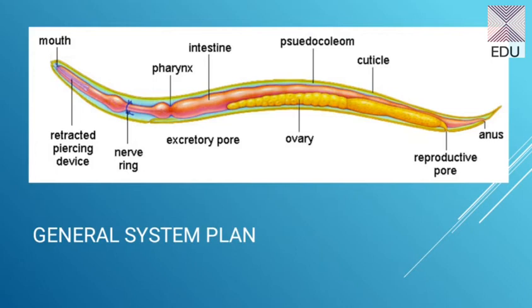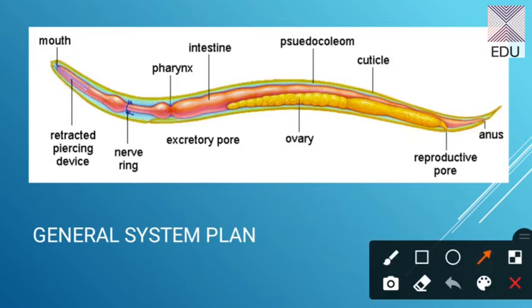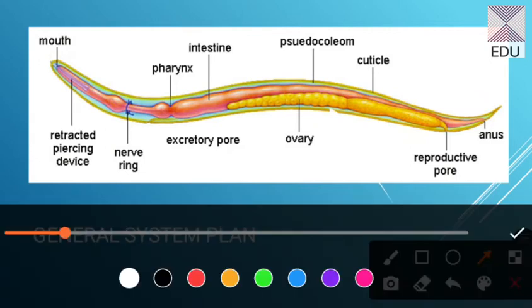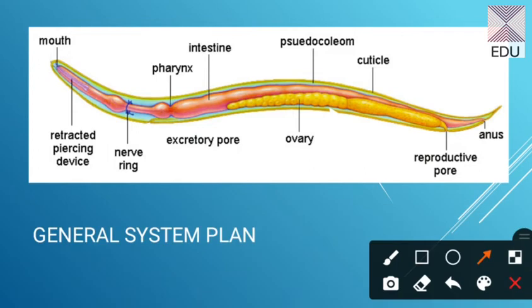If you see some of the other systems, this particular yellowish part is the ovary. That means this is a female Ascaris.